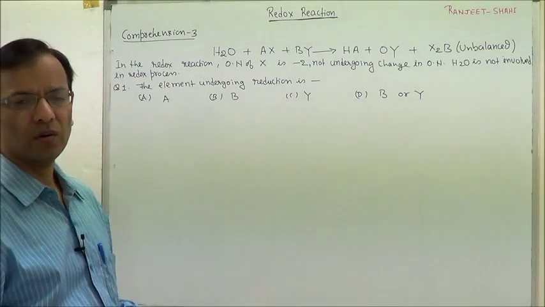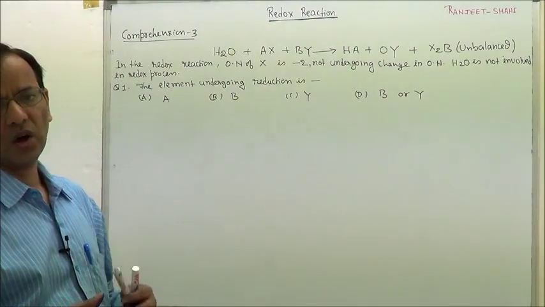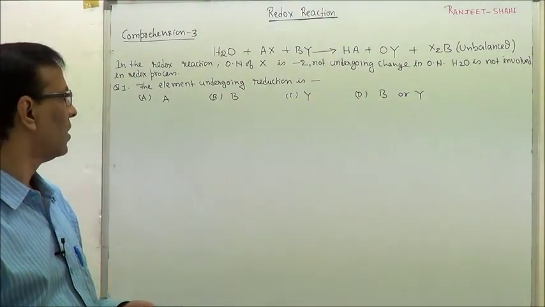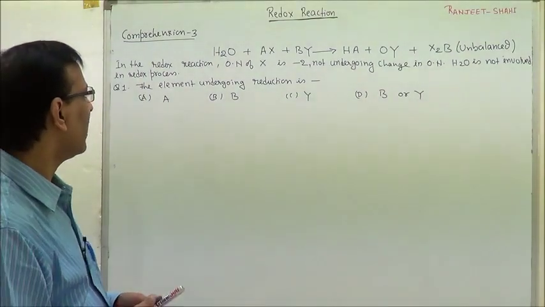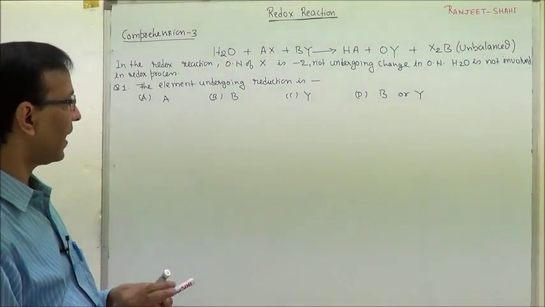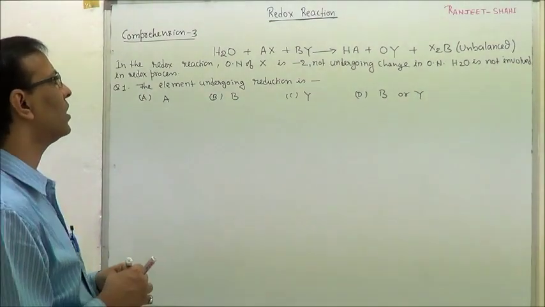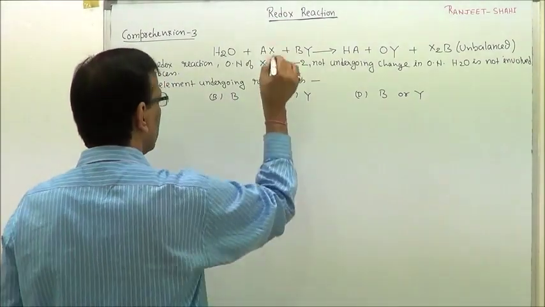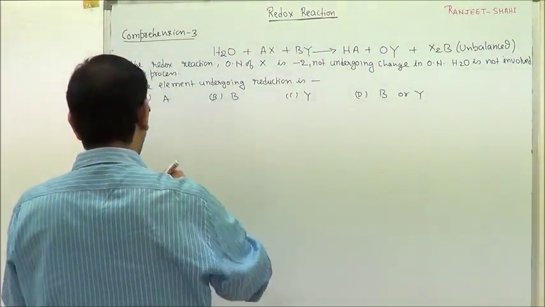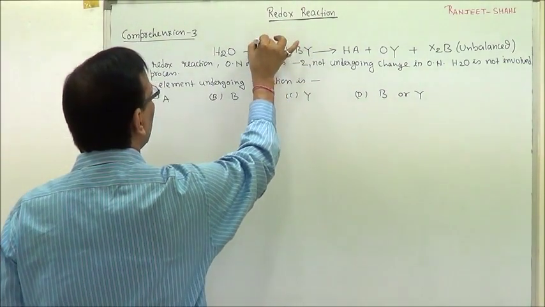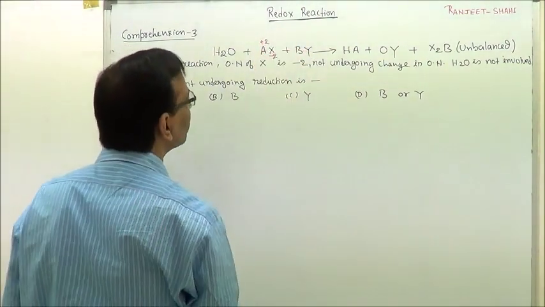Obviously, we'll have to find out the oxidation number of elements in the given redox reaction. Since it is said that neither water is involved in redox process nor X, and oxidation number of X is -2, so if X is -2, A must be +2 here.